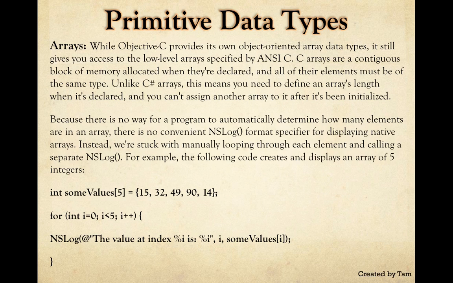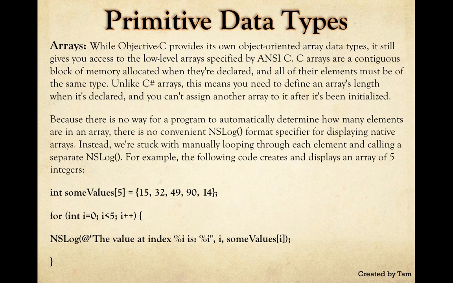Arrays. While Objective-C provides its own object-oriented array data types, it still gives you access to the low-level arrays specified by ANSI C. C arrays are a contiguous block of memory allocated when they are declared, and all of their elements must be of the same type.